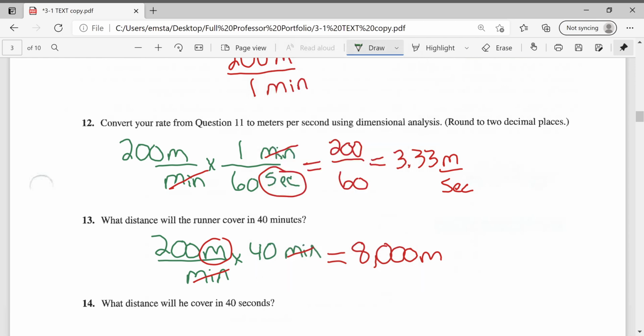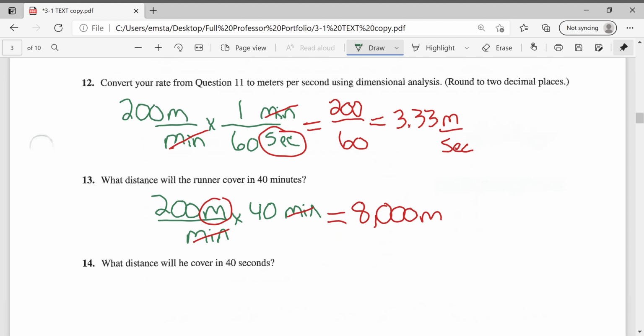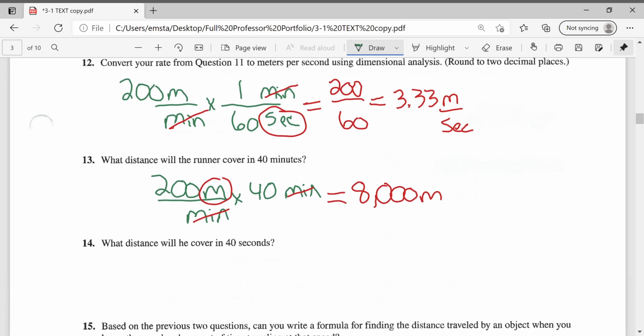Number 14 wants to know how far my runner will go in 40 seconds. So I have to use the number I found in 12. My 3.33 meters per second, and then multiply that by 40 seconds.